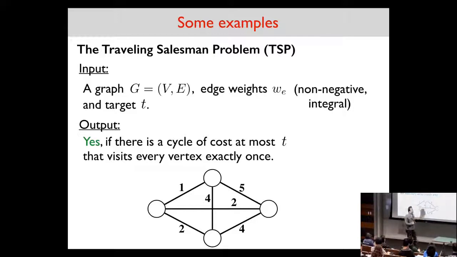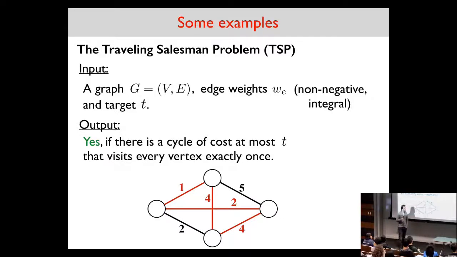But anyway, let's say this is some graph it's given. You want to find some cycle. In the optimization version, you would want to find the minimum cost cycle that visits every vertex. And I think if I didn't make a mistake, this is the minimum cost cycle in this graph.